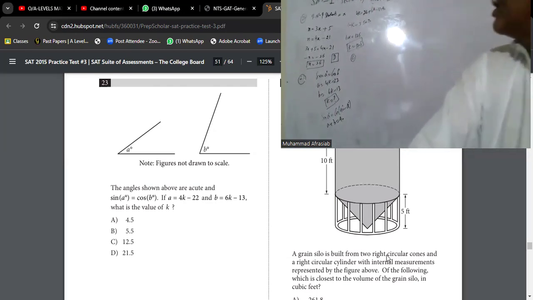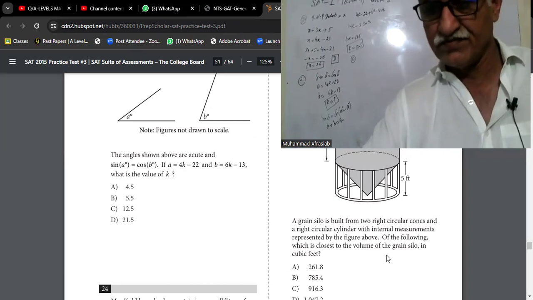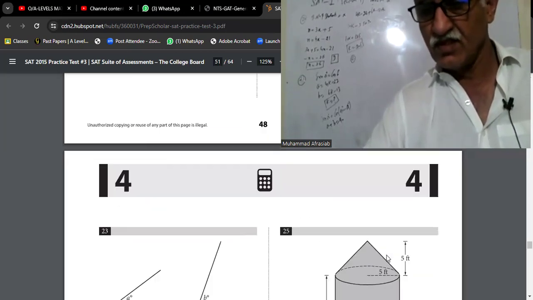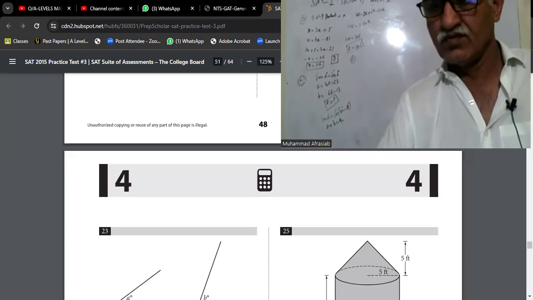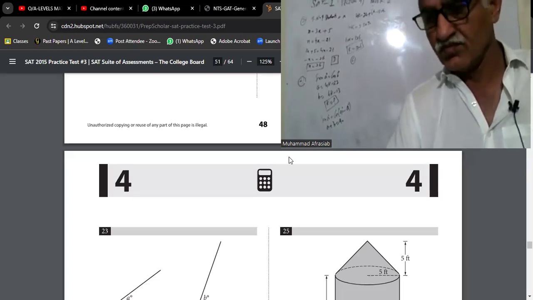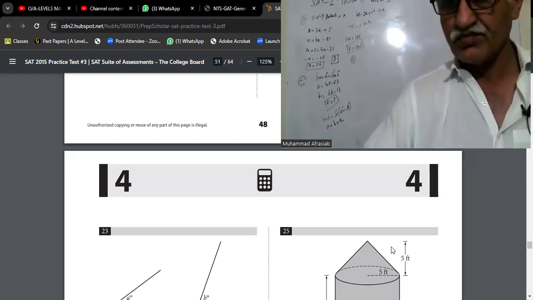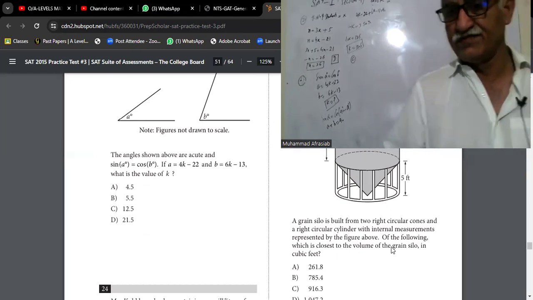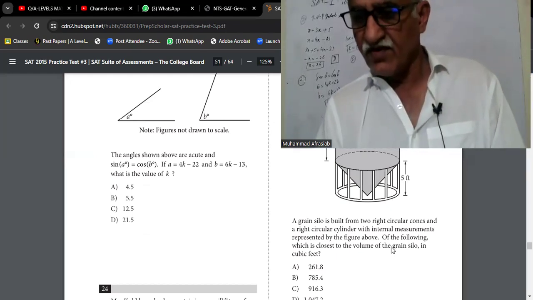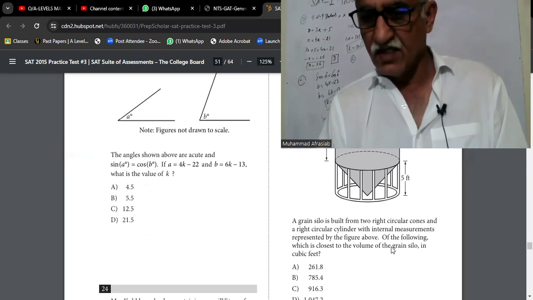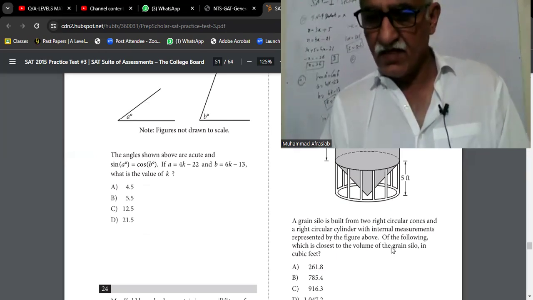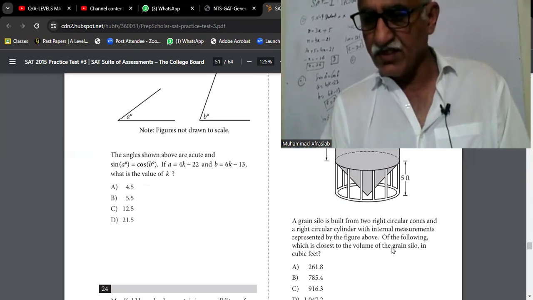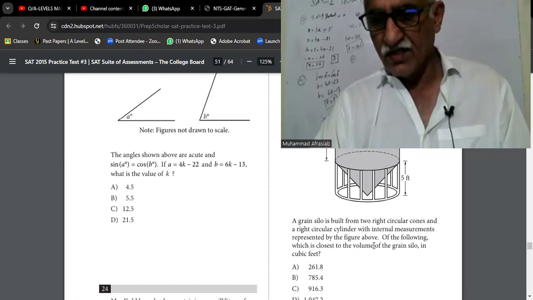Now 23, 24, and now 25. A grain silo is built up from two circular cylinders, a right circular cylinder at the top with the radius and the height given to us. What is the closest answer of the volume of this grain silo in cubic feet?